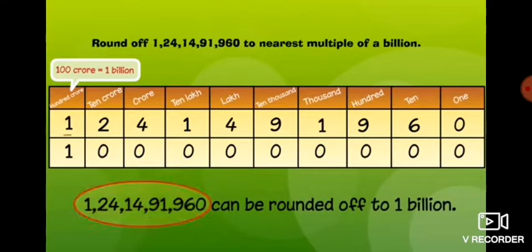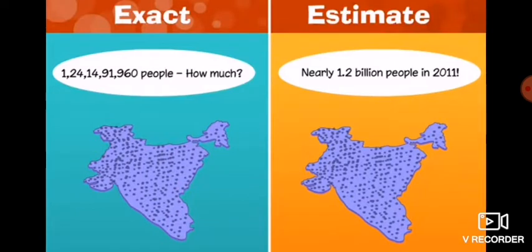Thus, 1,024 crores 14 lakhs 91,960 can be rounded off to 1 billion people. But we earlier said that the population of India in 2011 was around 1.2 billion. How is that possible? Can you tell?